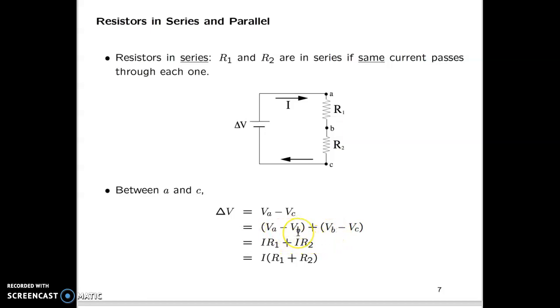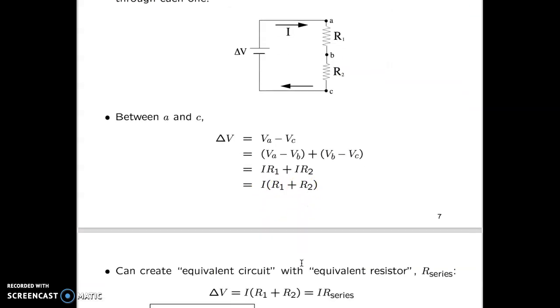V_A minus V_B is just the potential difference across the resistor R1, so I can use our result from before: that delta V is I times R1. And V_B minus V_C, going across resistor 2, is simply current times R2. It's the same current, so current can be factored out. So I have I times the sum of R1 plus R2.